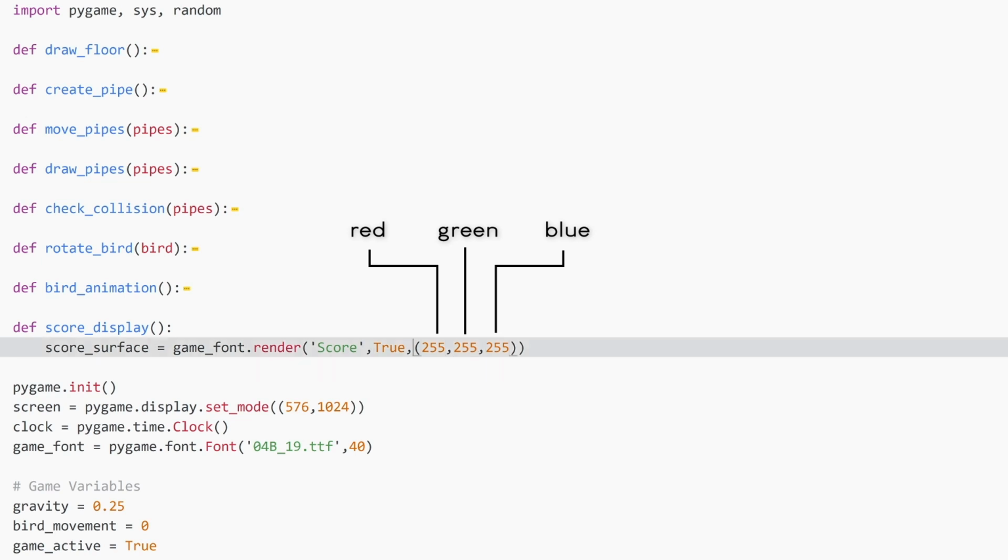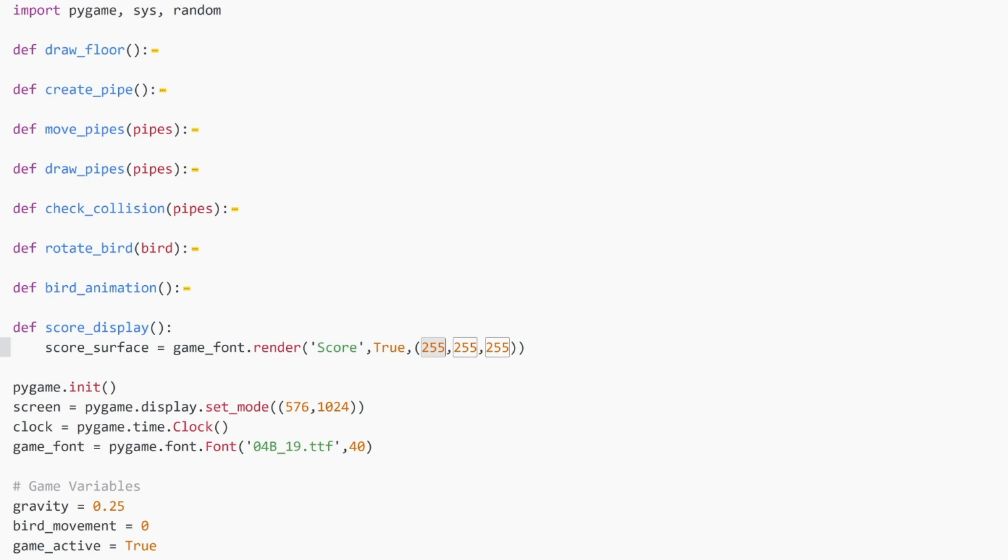And then pygame is going to mix these three colors together and give us an output color. If you max out all three colors, you're going to get white. If you go with 0 for all three colors, you're going to get black. And if you only went with something like 255, 0, and 0, then you get red, because you only have the red color and nothing of the two other colors. That's basically RGB. It's just three different colors and you mix their intensity together.